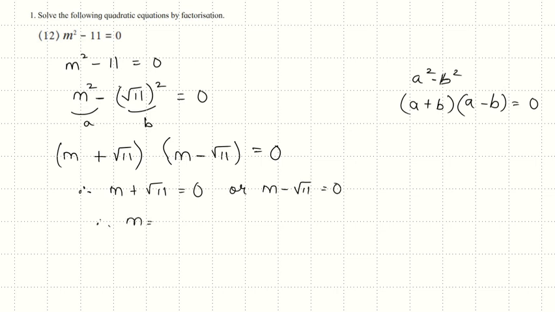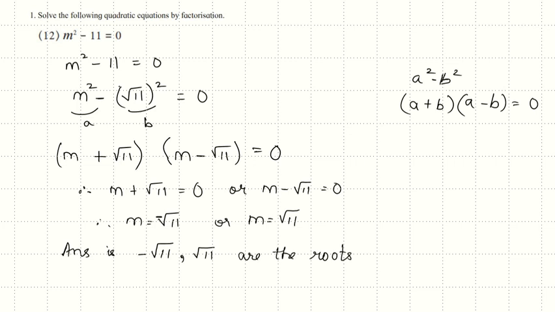Therefore, m is equal to minus root 11, or m is equal to root 11, because the signs will change when it comes on the right hand side. Therefore, the answer is minus root 11 comma root 11 are the roots of the given quadratic equation.